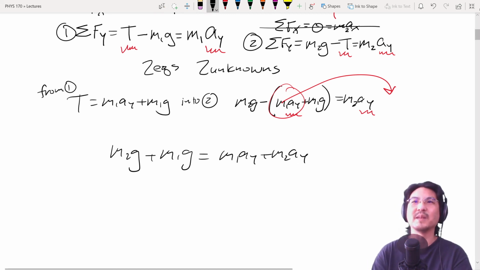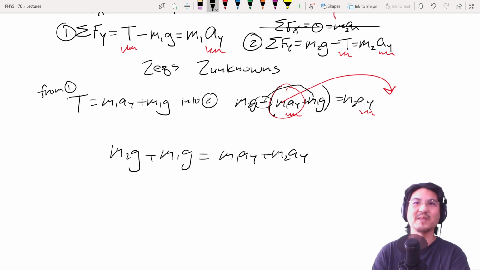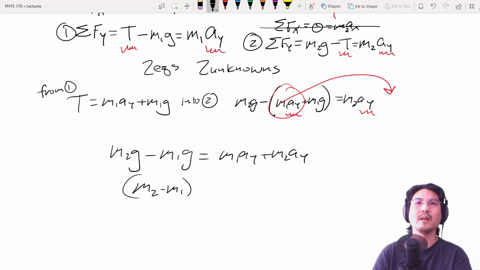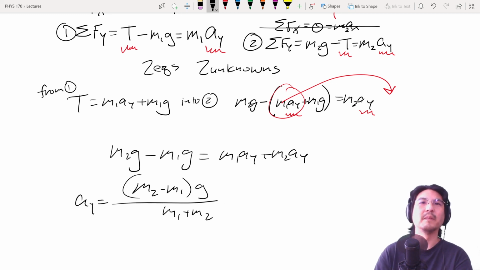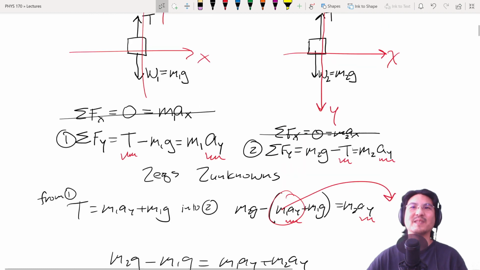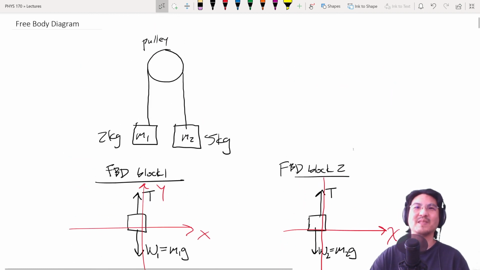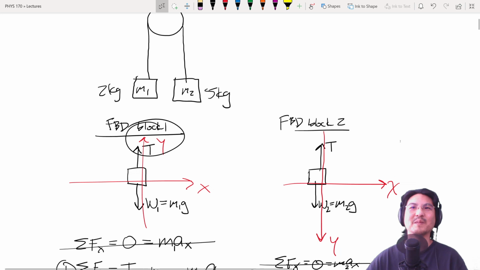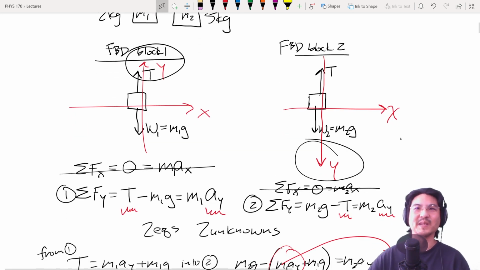And then this minus factors in here, so I didn't write it, this should be a minus. Okay, and then let's simplify a little bit. And here we go. So there's the acceleration of the block. They both have the same magnitude. The direction is, right, this one's going in this direction, block 2 is going in this direction.